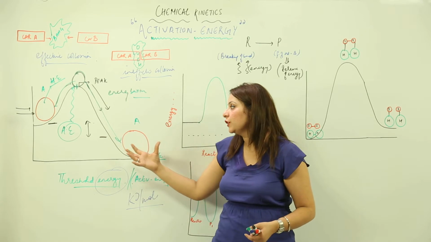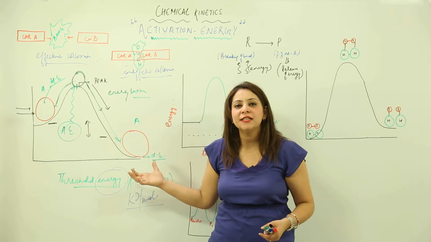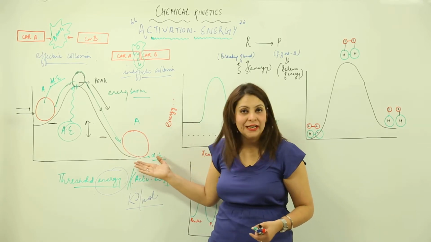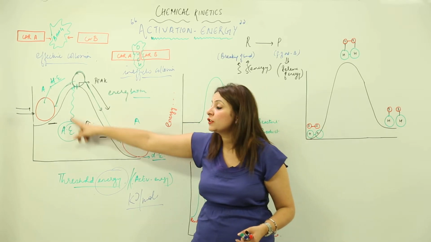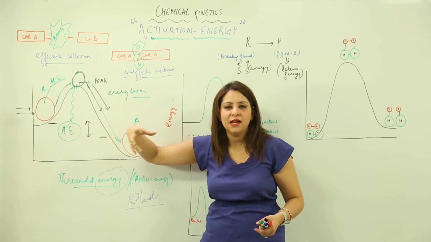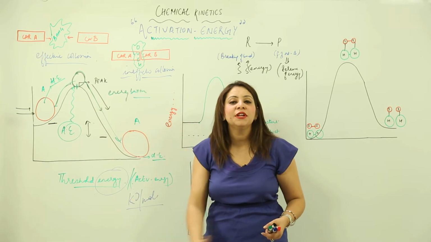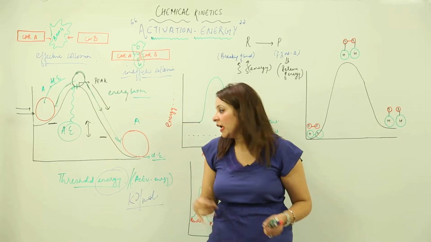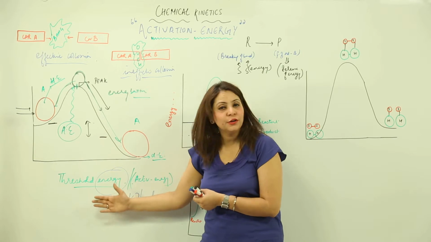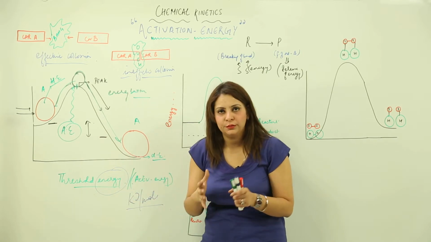That means it is just going to reach the point of lower energy state, which corresponds to higher stability. And this energy which you supply in order to cross this peak is called threshold or activation energy.